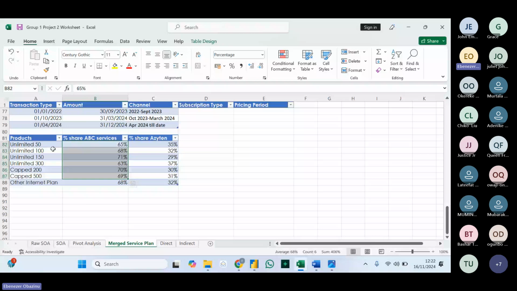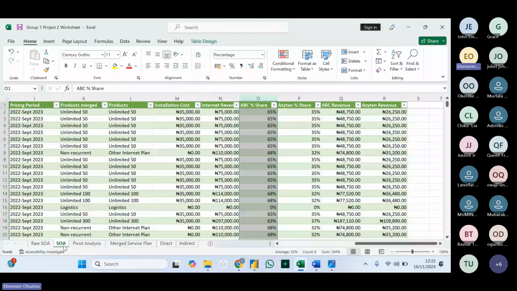So for ABC, we did their percentage share at 68%, which is the average of every other internet plan. And for Azyten too, we did their percentage share as 32%, which is the average of other internet plan share for Azyten. So to do that, we use a VLOOKUP function to get the different percentage share.